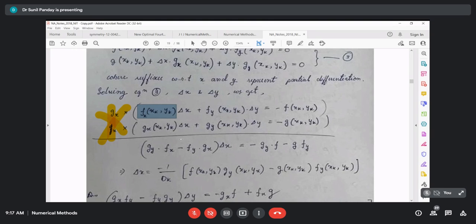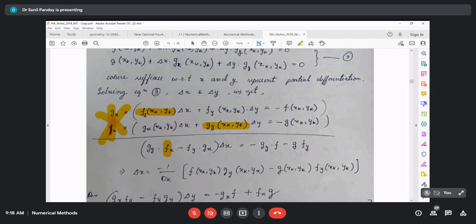Here you have the notation f of x. It is not simply f of x, it is fx(xk, yk). It means we have the partial differentiation of f with respect to x and its value at the point xk, yk. So this and this are the same.